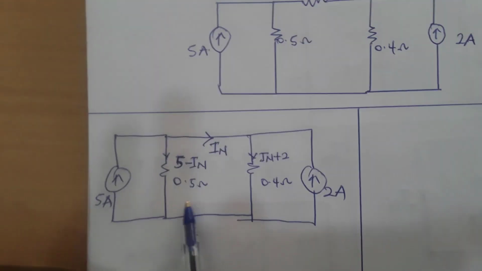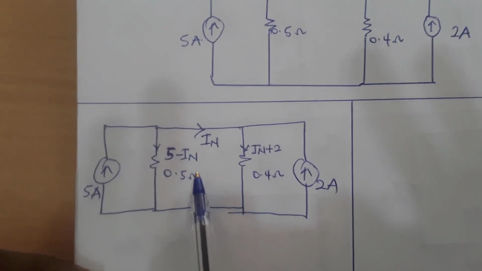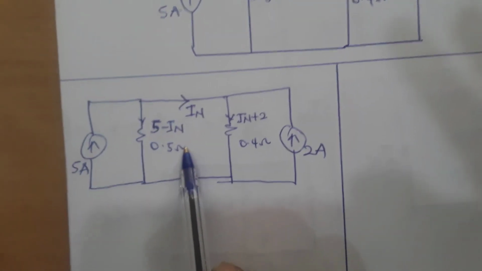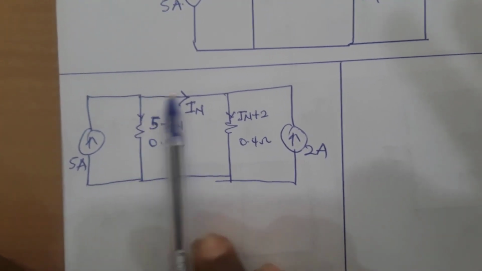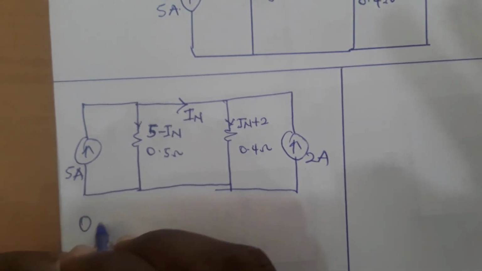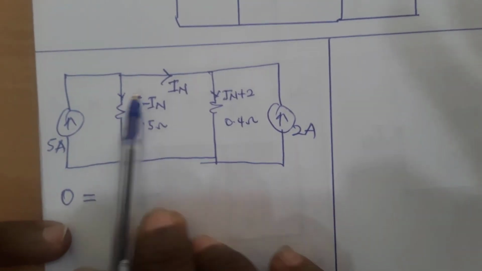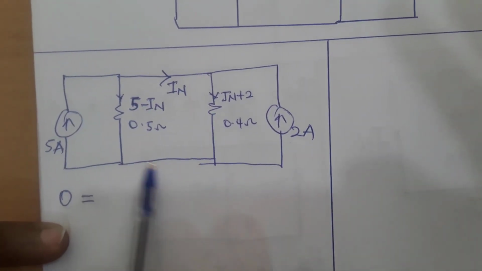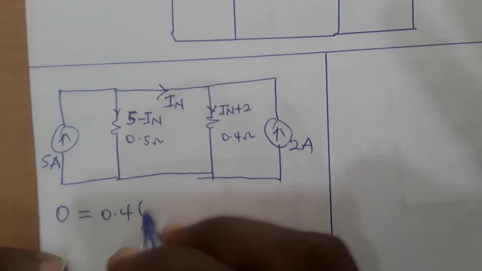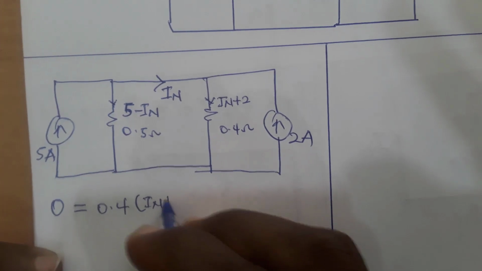Using KVL, we group the voltage sources on one side and equate them to the voltage drops. In this loop, since there is no voltage source, my voltage will be 0, and it should be equal to, going clockwise, 0.4 times the current, that is IN plus 2.